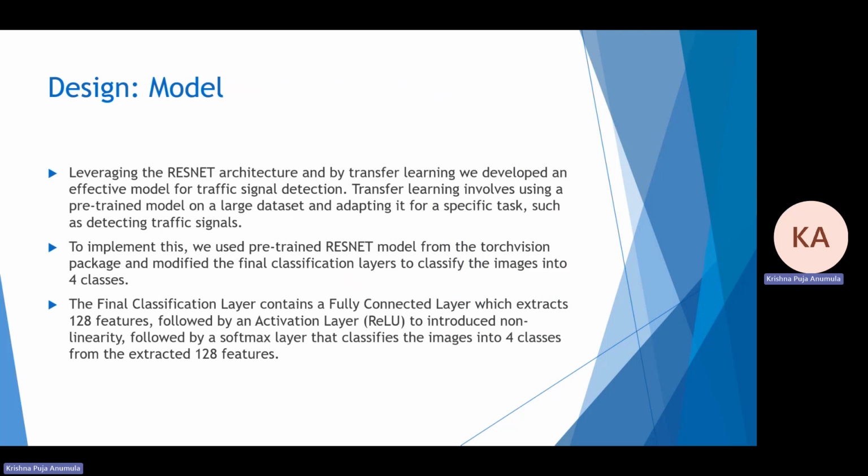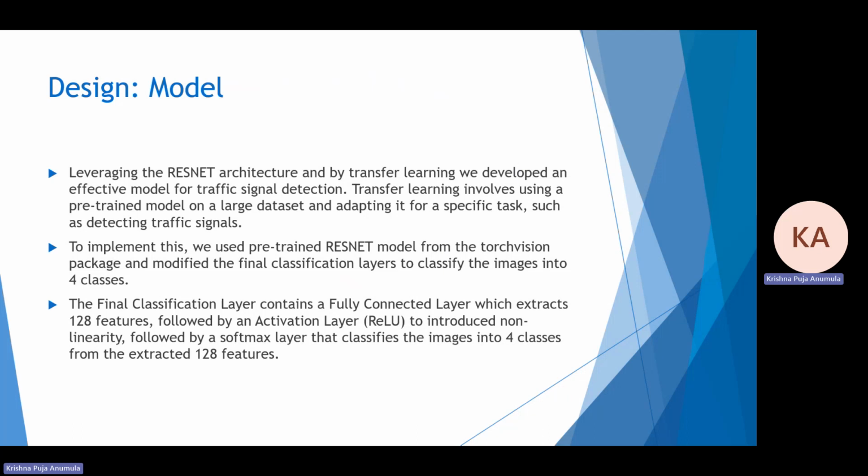So, how did we develop the model? Leveraging the ResNet architecture and transfer learning, we developed an effective model for traffic signal detection. Transfer learning involves using a model pre-trained on a large dataset, and we have adapted it for our specific task so that we can use it to detect the images.